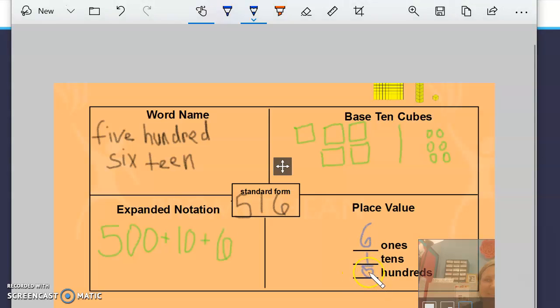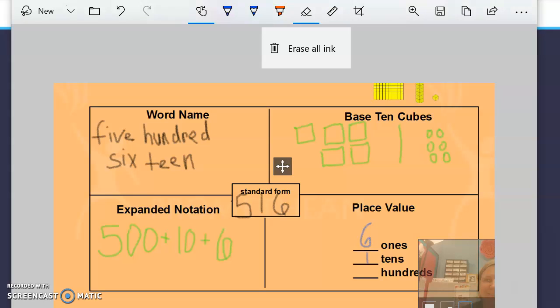Ooh, I should probably redo that 5 and hundreds because that looks a bit sloppy. Did you do your expanded form of 500 plus 10 plus 6? If so, good job.